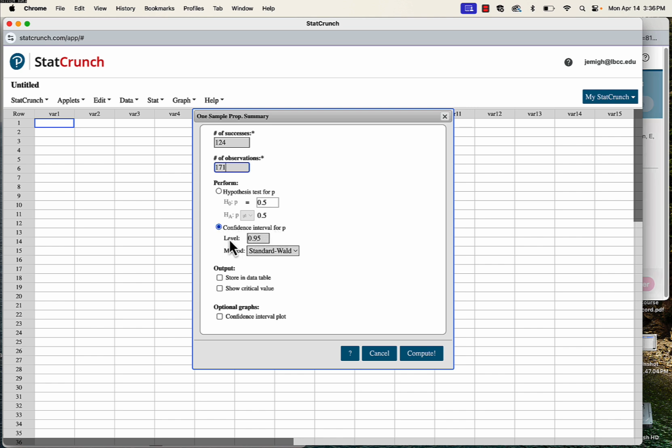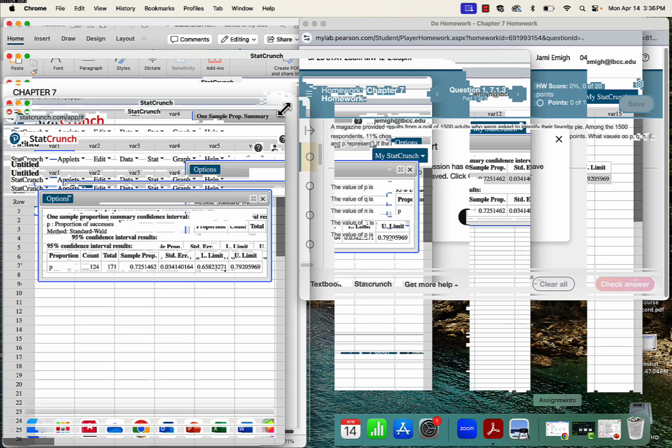The confidence level has the default there for us, 0.95, so we only need to change it if we were told that a different confidence level is to be used. And then you hit compute. Output screen shows us sample proportion, lower limit, and upper limit.